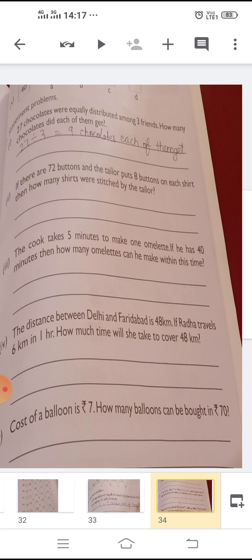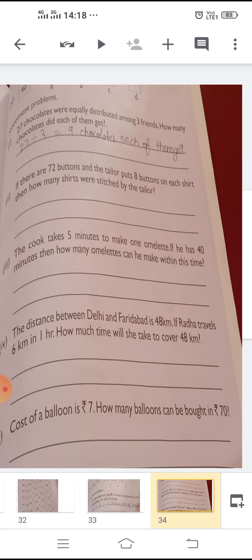If he has 40 minutes, then how many omelettes can he make within this time? So 40 divided by 5, that will give us, yes, 8.